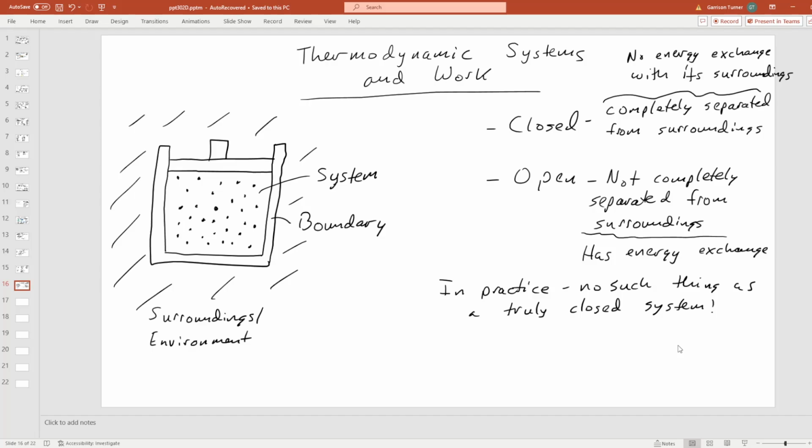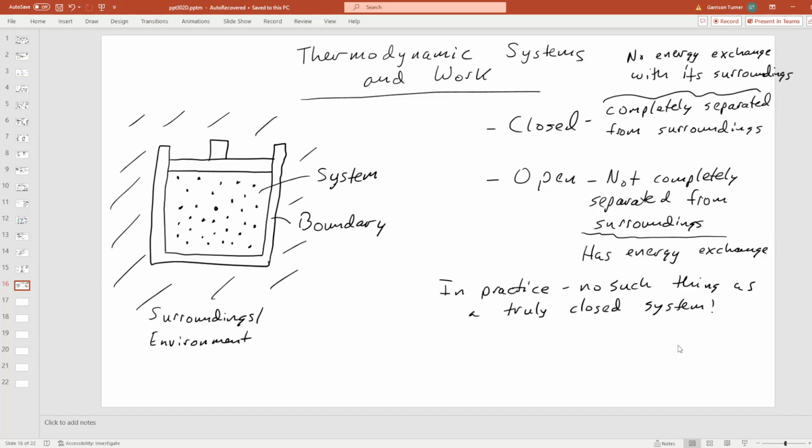The boundary allows heat transfer from the environment, i.e., the stove, into the system. It's usually because the pot is made of metal, which is thermally conductive, and that allows the heat to then flow into whatever's in the pot.